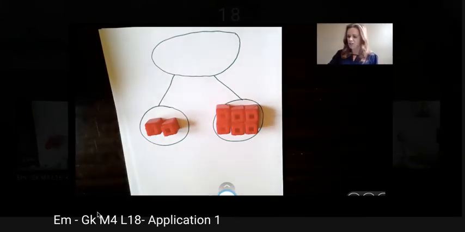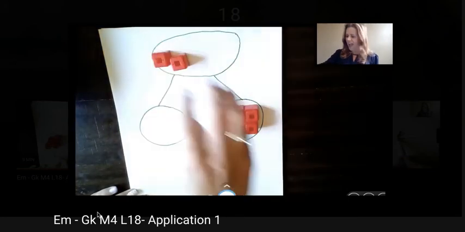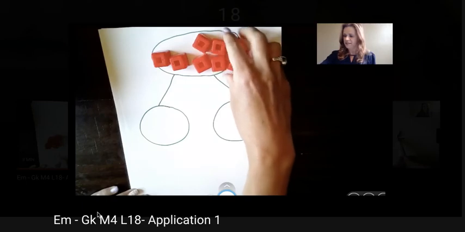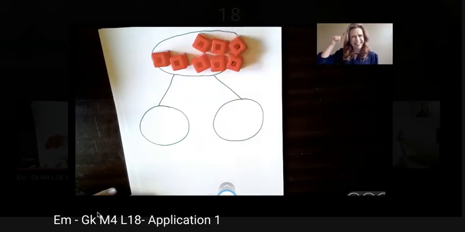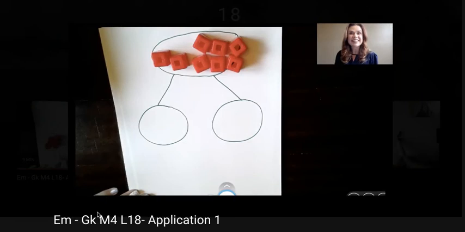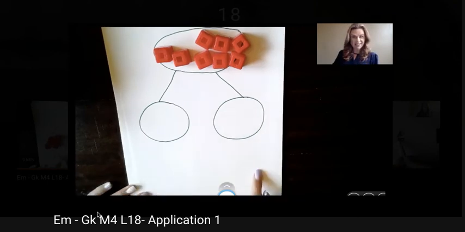Let's put our 2 into our whole and our 6 into our whole. What is our whole? Think. Say it. 8 pieces of fruit. Pause the video and let's write a number sentence that goes with the story. Do that now.